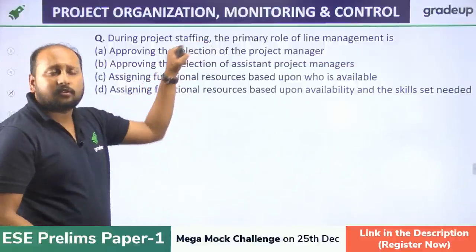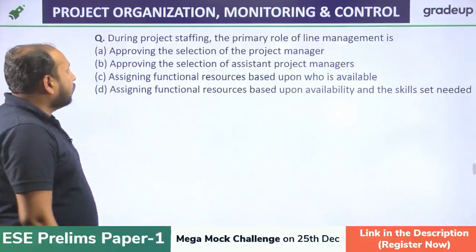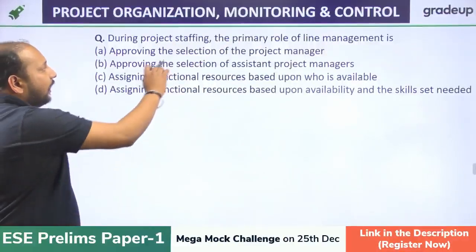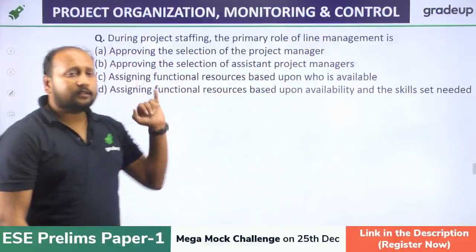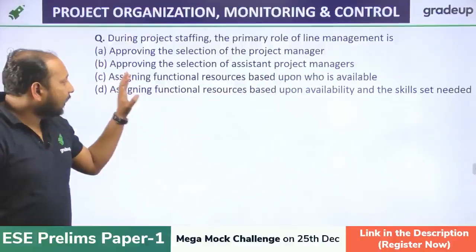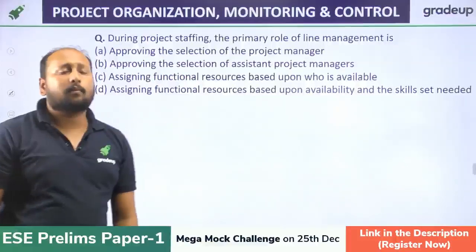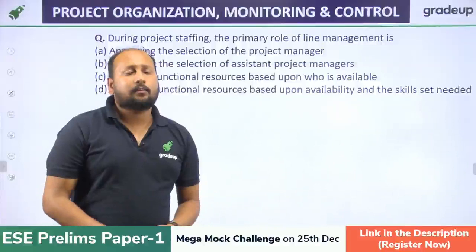The meaning of staffing is deciding the complete construction team. Now the question: during project staffing, the primary role of line management is approving the selection of the project manager, approving the selection of assistant project managers, assigning functional resources based upon who is available, or assigning functional resources based upon the ability and the skill set needed. Which is the most appropriate answer? Because all are correct, but one option is the most appropriate.